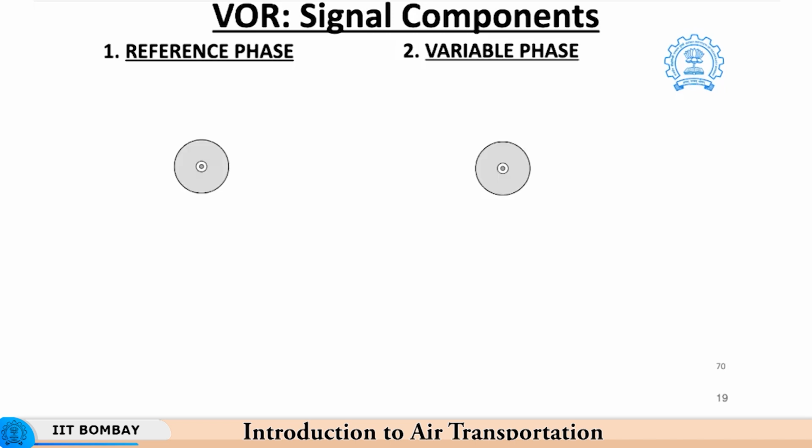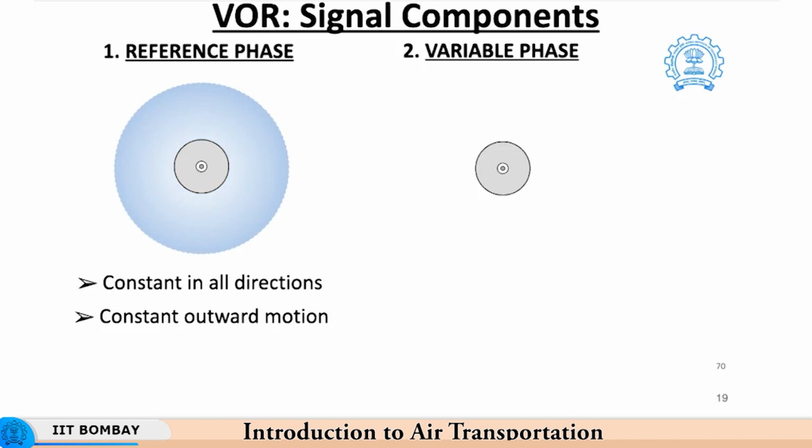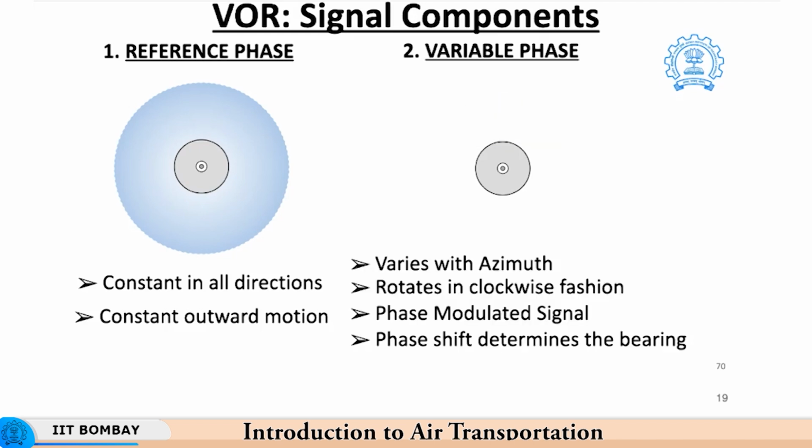The reference phase signal is constant in all directions and is emitted in an outward direction, whereas the variable phase signal varies with azimuth, and hence every radial direction is coded with a particular phase difference. The overall term for this type of modulation is phase modulation. Depending on this phase shift of the variable phase signal, the overall bearing related to this VOR station can be easily obtained.